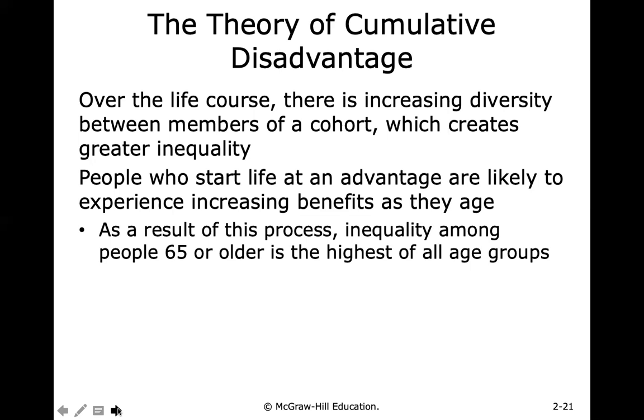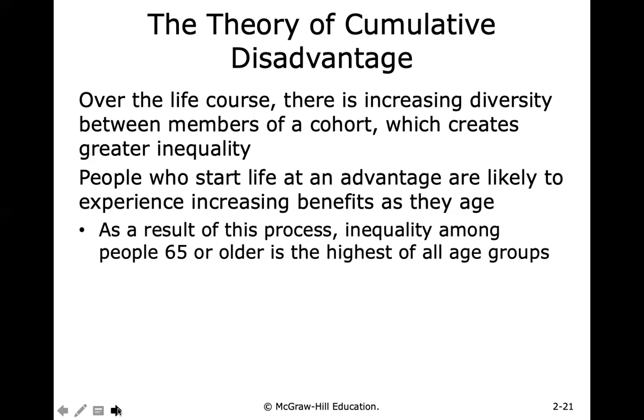So they're at this level of disadvantage. And then they continue to remain at that level. They do not have the ability to go on to school. They may start working as soon as they graduate. Some of them may not graduate from high school. So it's this concept of this cumulative disadvantage that just piles on top of one another.